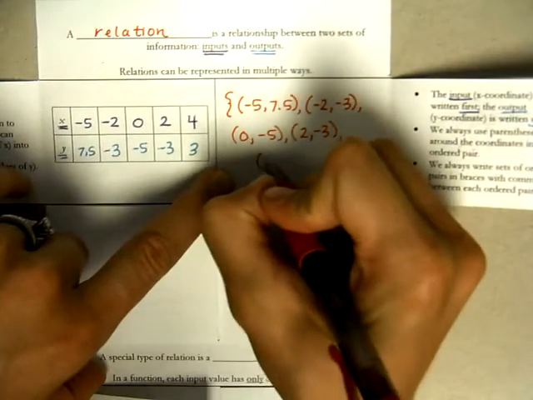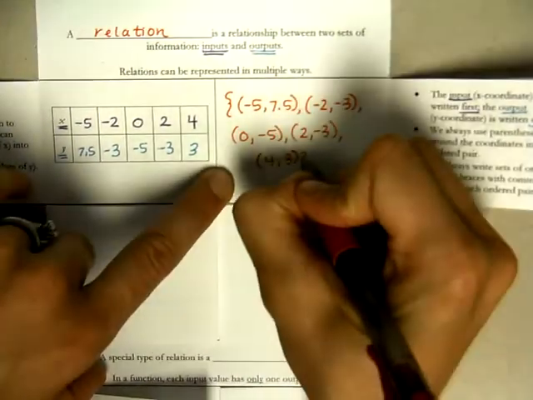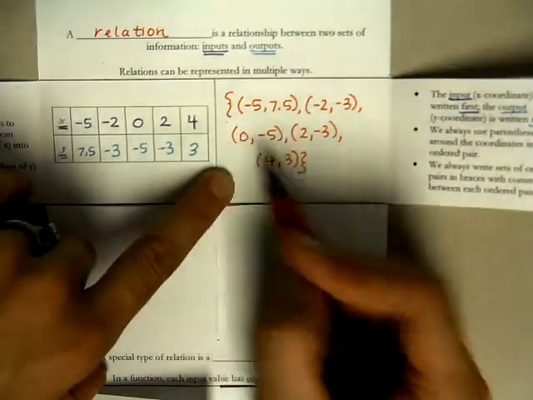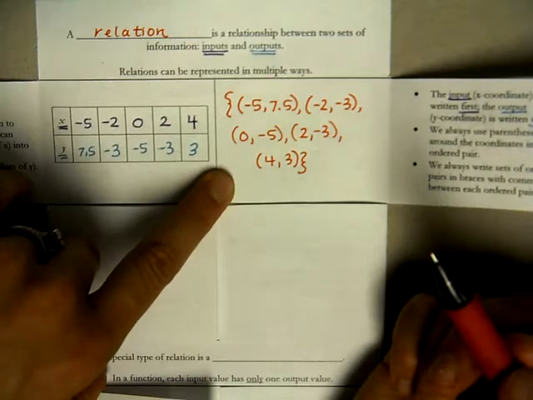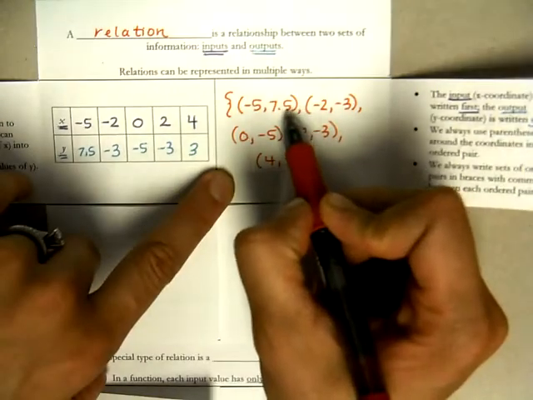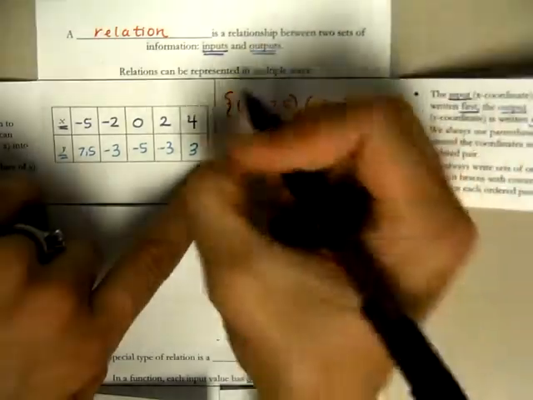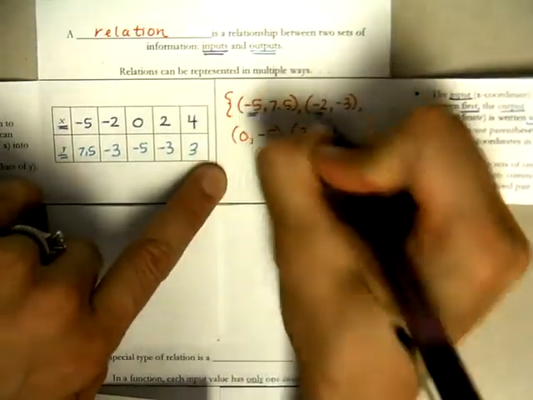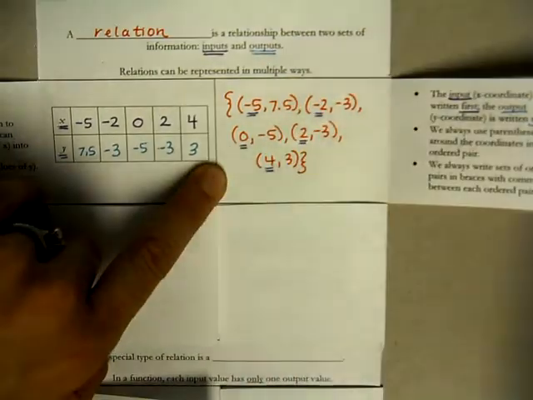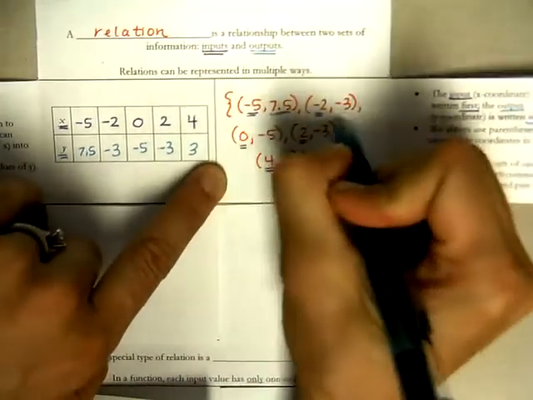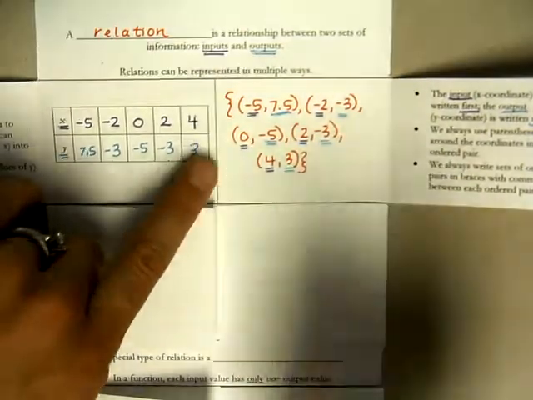And the input of 4 has an output of 3. And then we close those braces. These braces indicate that those 5 ordered pairs go together. They are a set, and each of the ordered pairs is separated by commas. And so again, the input is always the first coordinate, and the output is always the second coordinate. We call these x and y coordinates.